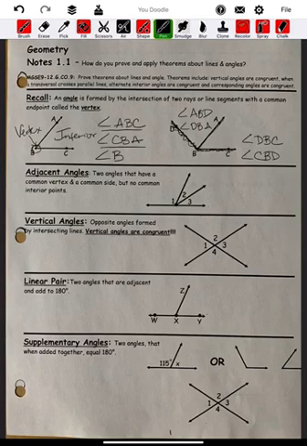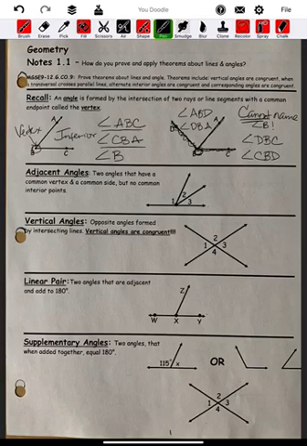Now, we cannot name any angle in this system angle B. We cannot, because that doesn't tell us which one. It doesn't tell us if it's the small angle or the big angle, because both of them share a common vertex, B.